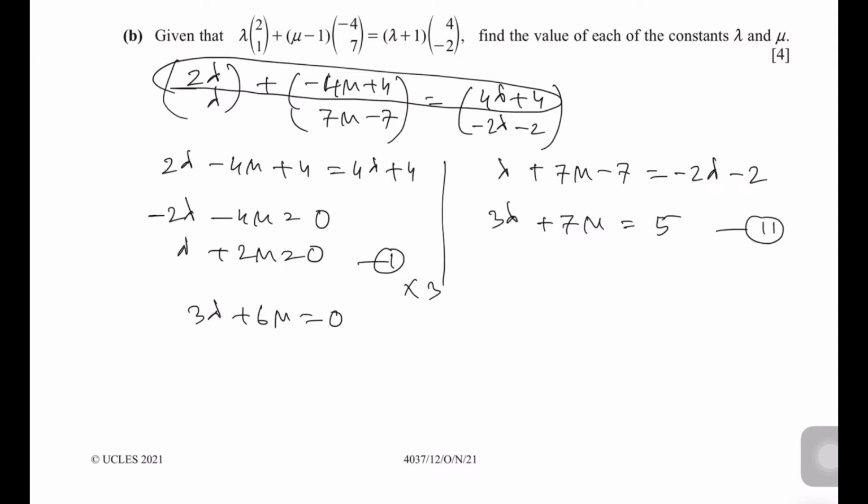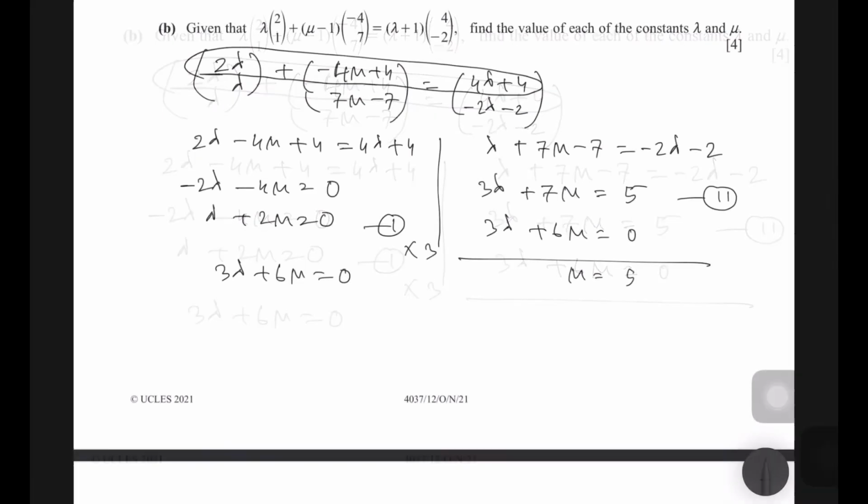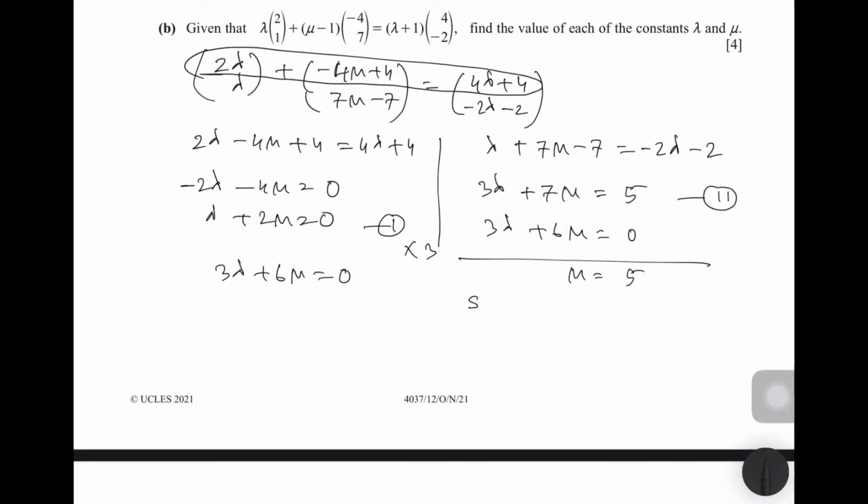So let me use the subtraction elimination method. So mu equals 5, and substituting this mu equals 5 in 1, it is becoming lambda plus 10 equals 0, lambda equals minus 10.